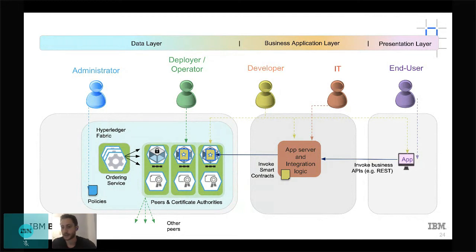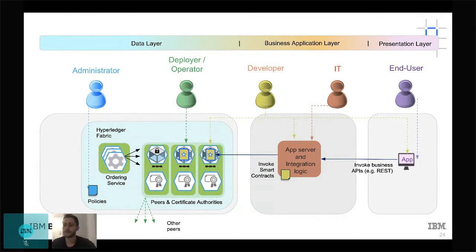That transaction through an API talks to your app server and integration logic or your smart contract. And if they are approved to make that transaction, it invokes the smart contract, makes a transaction through that, and actually puts it onto the blockchain. Once it's been validated and verified, then it's committed. And that's kind of the way a transaction works onto the blockchain.